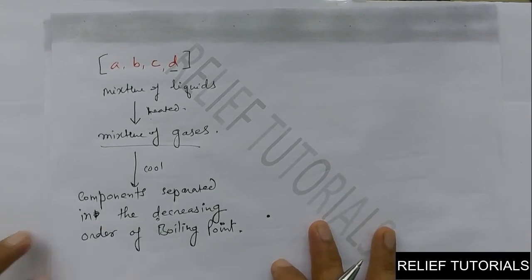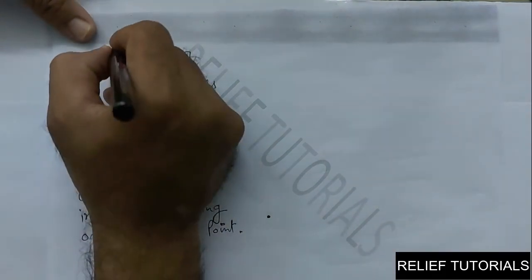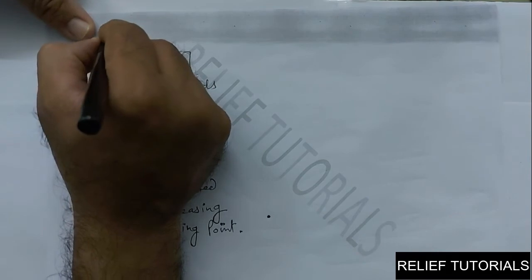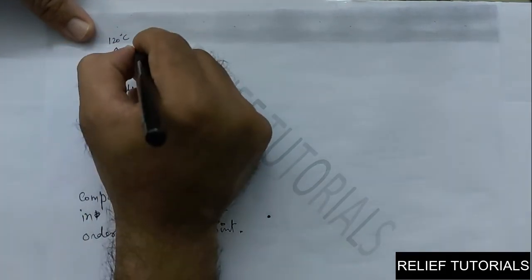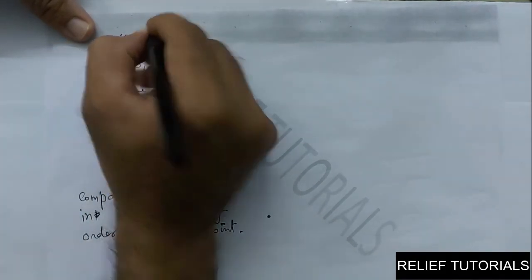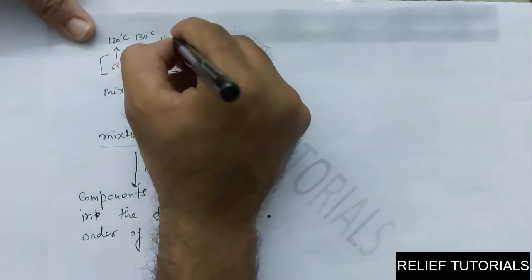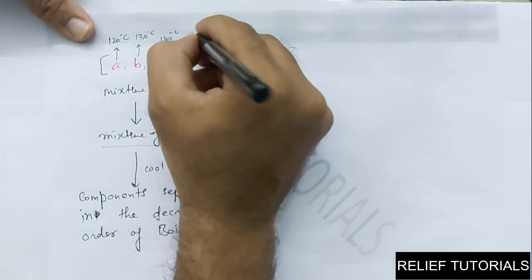Okay, consider the boiling points. Let us say the boiling point of A is 120, of B is 130 degrees Celsius, of C is 140 degrees Celsius, and of D is 150 degrees Celsius.